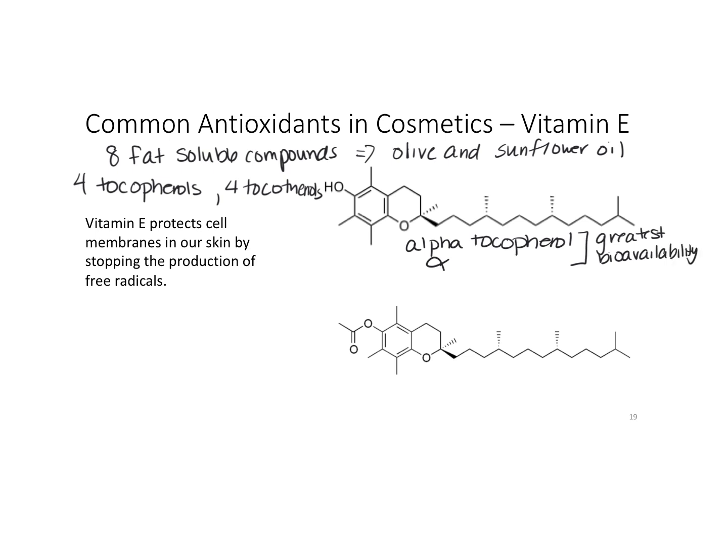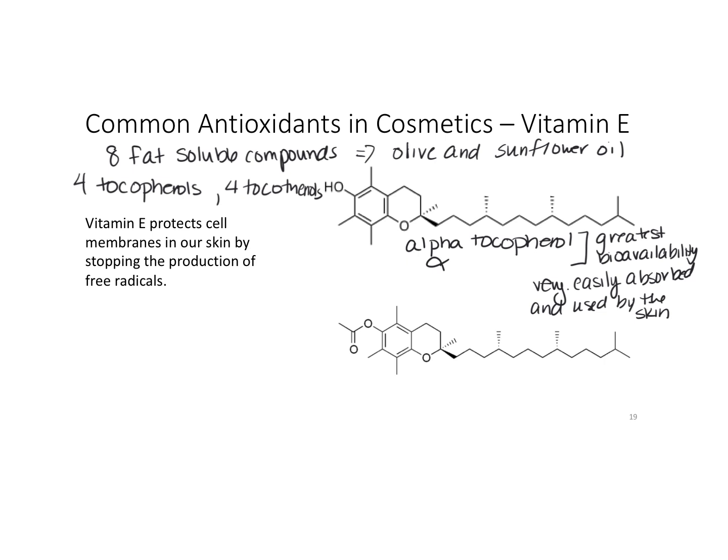And it tends to have a greater presence than all the other ones when we talk about vitamin E. So this is the vitamin E that you see most commonly.